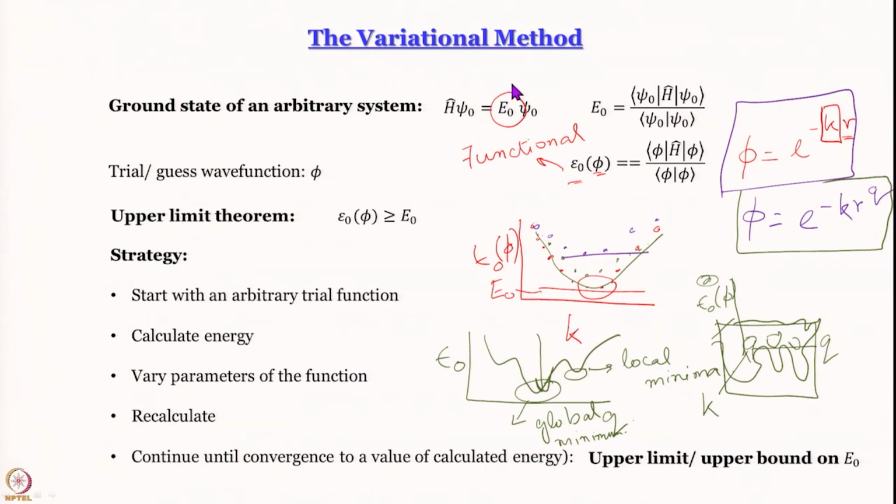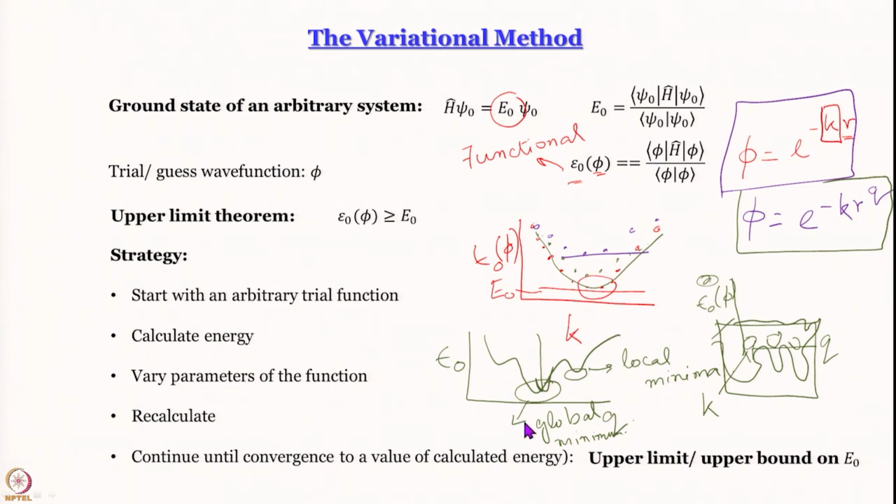Now, you see where the name variation comes from, because you are varying the parameters that are associated with the wave function. So, we vary them, and every time we vary, we calculate the epsilon 0 value, and we continue until we get the lowest value of epsilon 0, the upper bound to E0. Okay. This is in a nutshell what you do in the variational method.